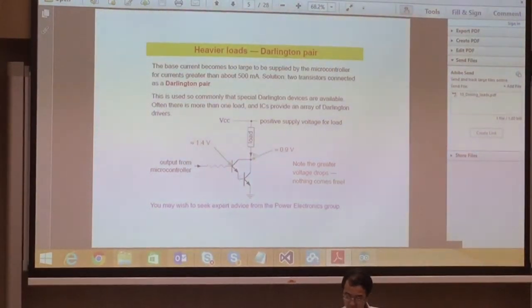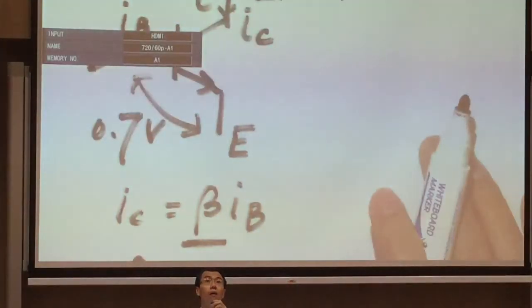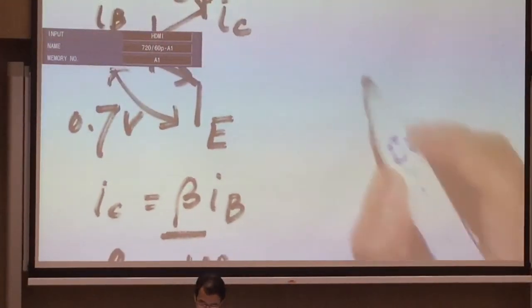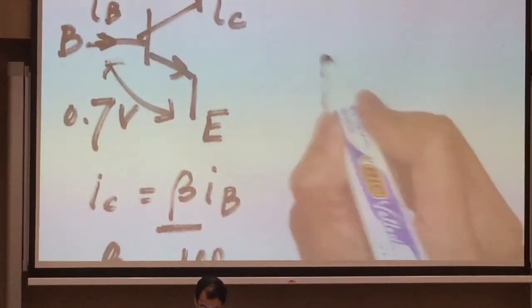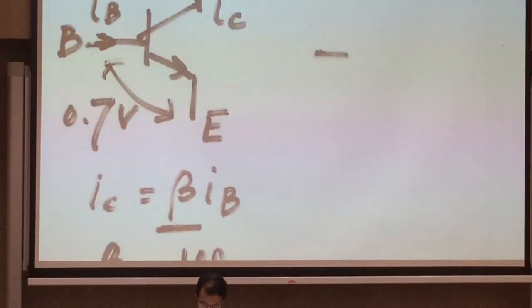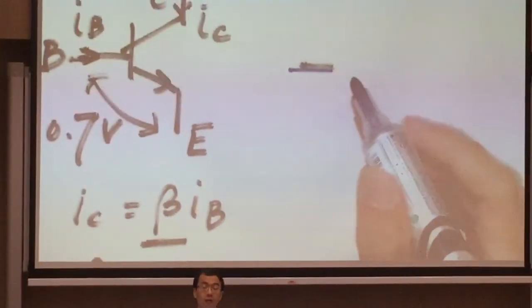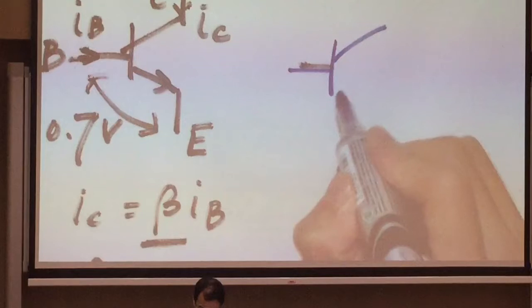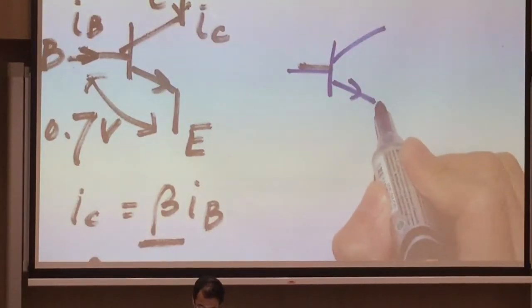Then why can this Darlington pair supply much higher current? Let me show you. Okay, so you have a Darlington pair, two NPN transistors.